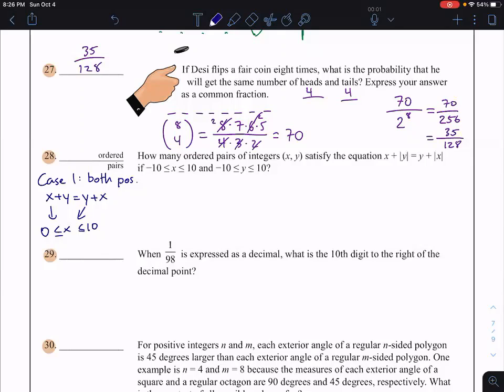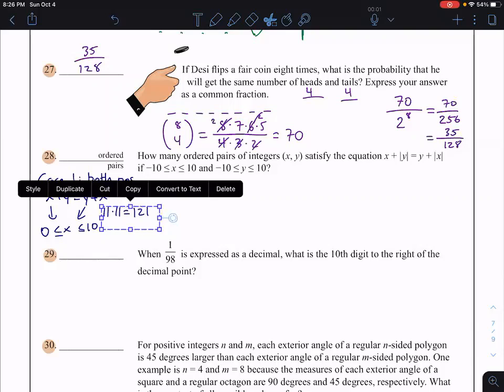So that means that there are 11 possible values for x and 11 possible values for y. So that's equal to 121. I'm gonna move this real quick. Might run out of space.